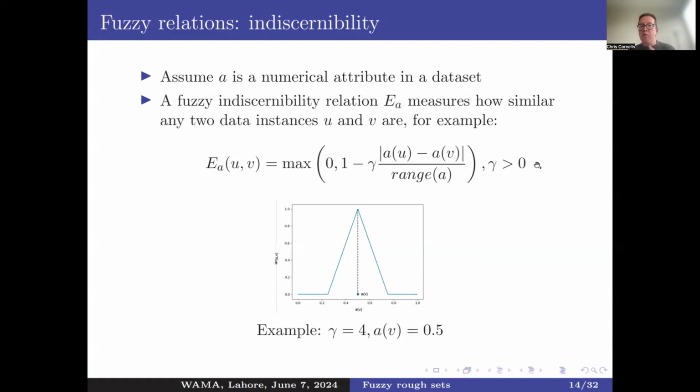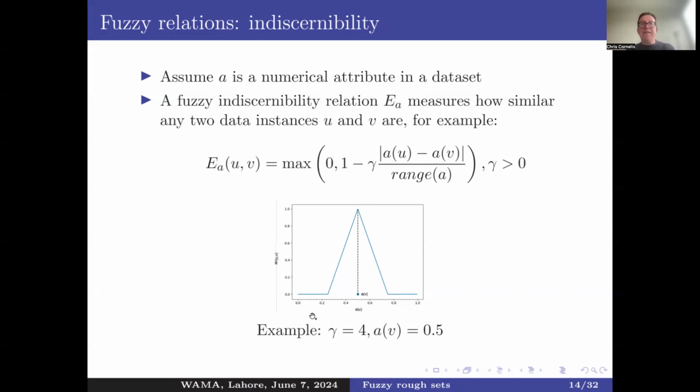The role of this parameter will become clear immediately. Now, this will give us a distance. Since we're talking about indiscernibility, we should take 1 minus this ratio, and in order to make sure that the result is between 0 and 1, we take the maximum of 0 and this expression here.